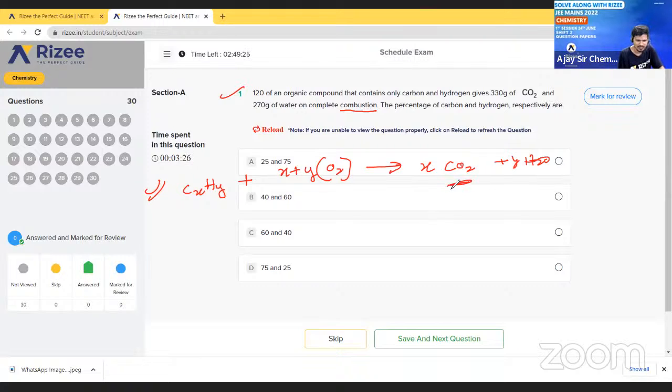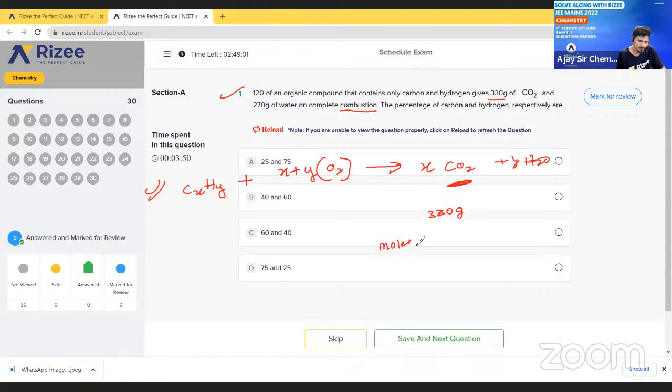See here, the mass of CO2 is given, 330 grams. First of all we have to find how many moles of CO2 are present.